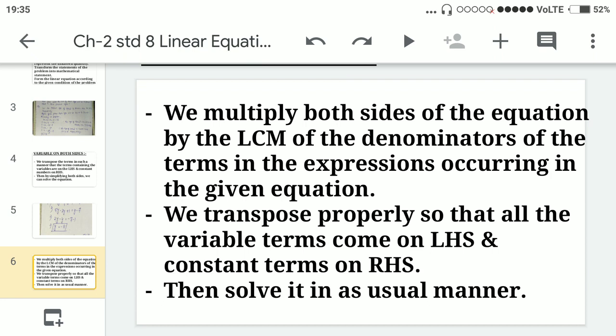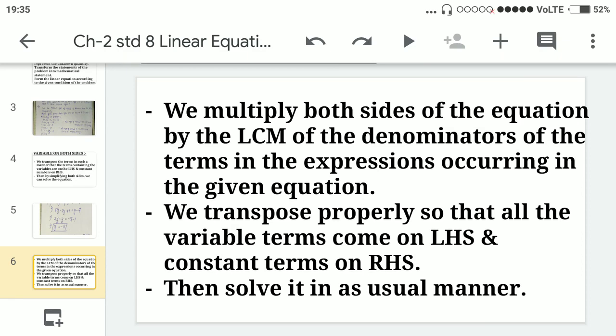We transpose properly so that all the variable terms come on LHS and constant terms on RHS. So after multiplying by the LCM of the denominators, it will convert into a simplified form. Then you can transpose in the previous way, all the variable terms on the left hand side and all the constant terms on the right hand side. Then you can solve it in the usual manner.